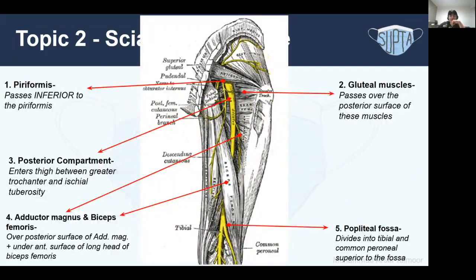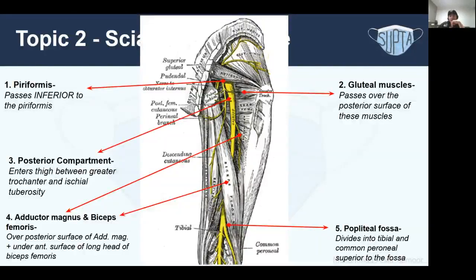And then you have the rest of this route. Through the greater sciatic foramen, underneath the piriformis, so inferior to the piriformis, is where the sciatic nerve goes through. Now, a lot of these structures will pass underneath the piriformis.